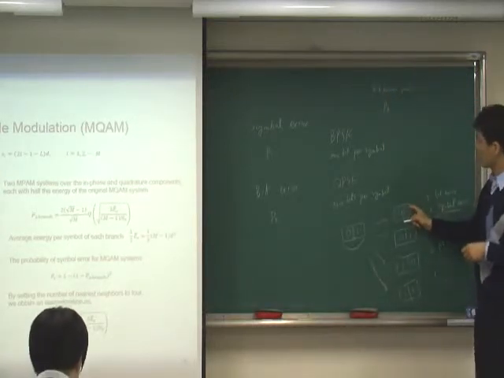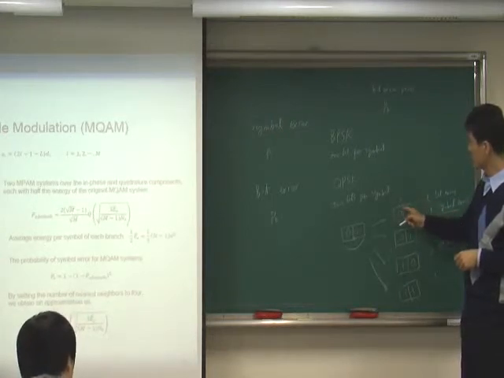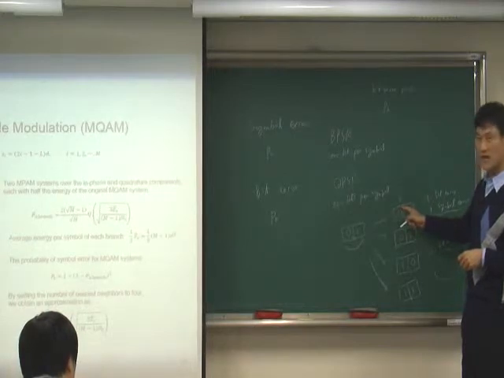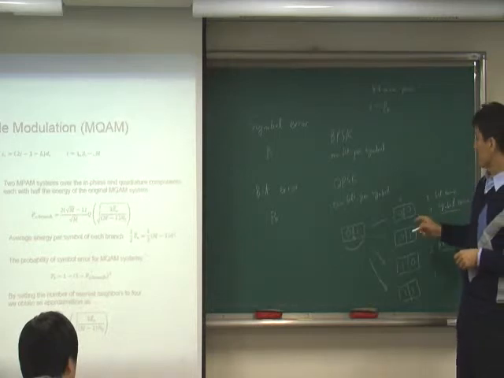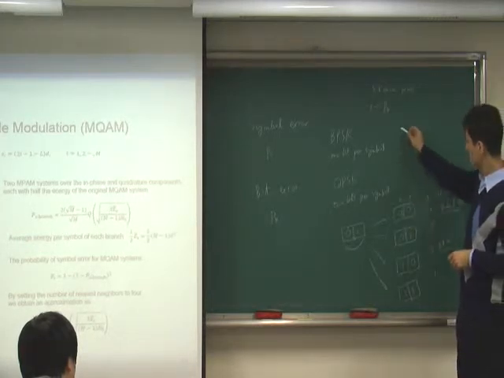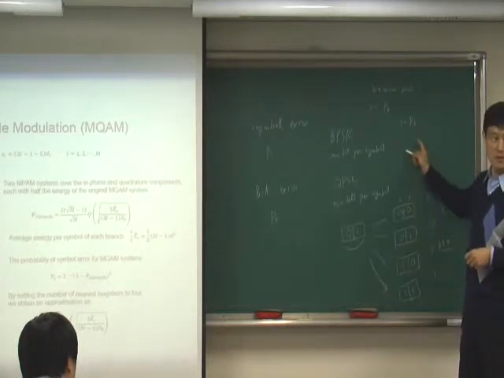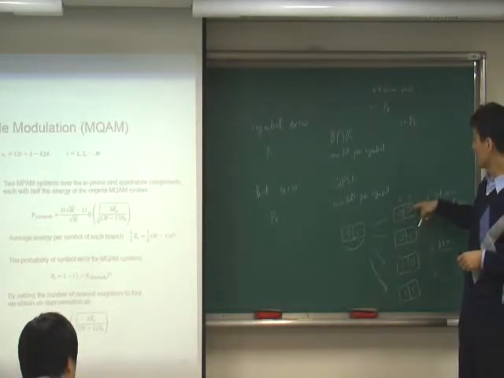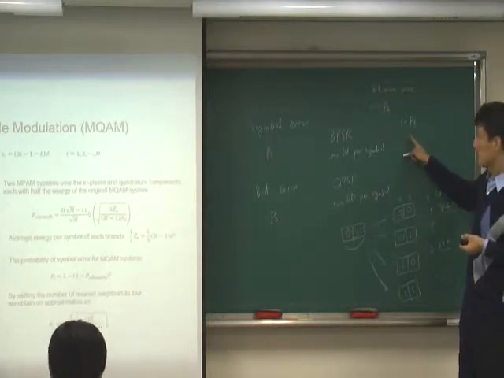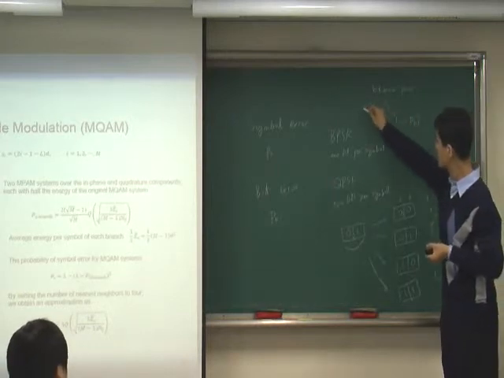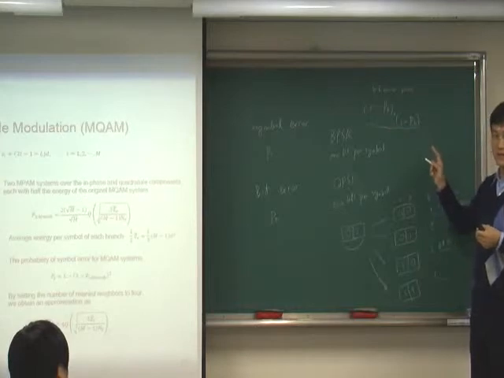So now, since we have 2 bits, let's consider only 1 bit first. Let's consider the first bit. What is the probability that the first bit is not in error? 1 minus PB, right? Let's now consider the second bit. The second bit also has the same error probability, so the probability that the second bit is correct is also this one. If you multiply these two, this is the probability that both bits are correct, right?